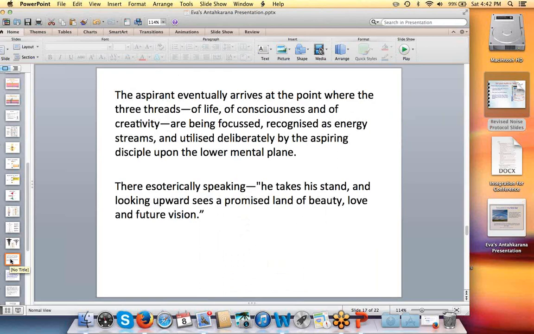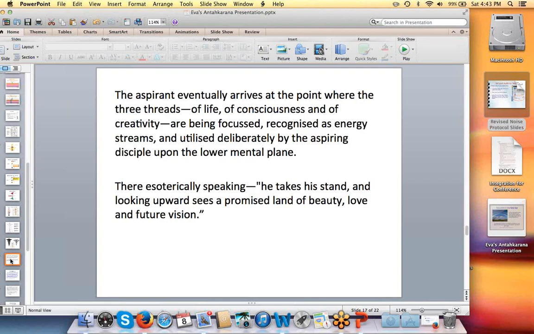So the aspirant eventually arrives at a point where the three threads, life, consciousness, and creativity, are being focused and reorganized as energy streams and utilized deliberately by the aspiring disciple upon the lower mental plane. So we always start with the lower mental plane, the concrete mind. This is why we meditate.